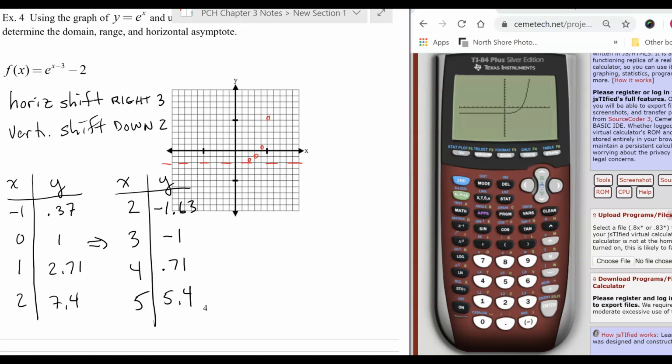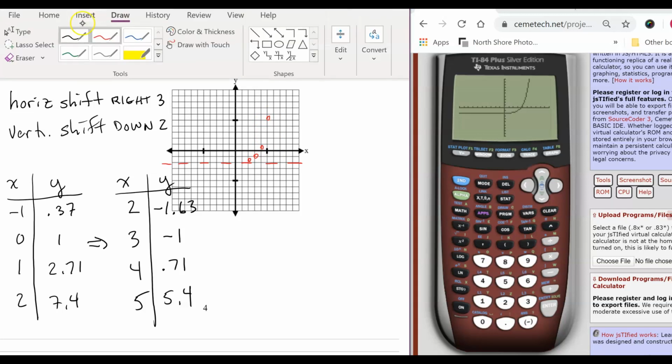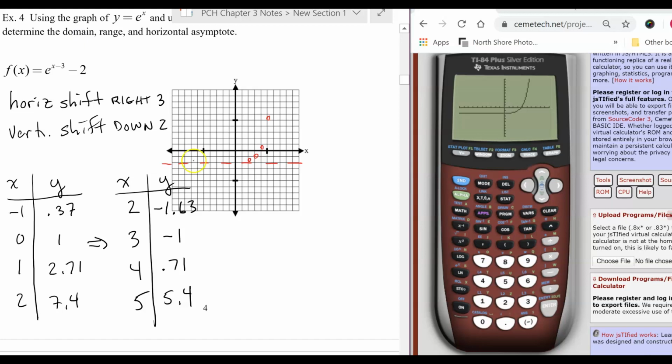And we'll go ahead and sketch in our graph. So it's going to have the same basic shape, it's just shifted a little. So again, shifted to the right 3 and down 2, but it basically has the same shape.